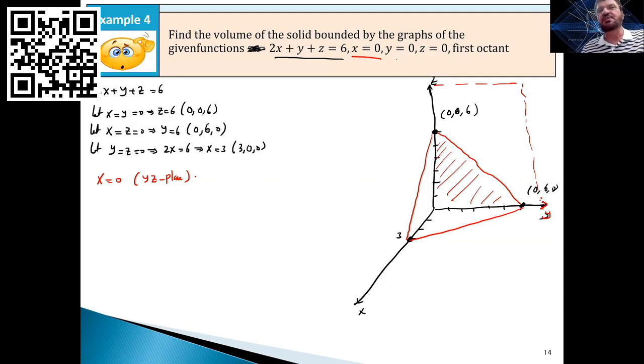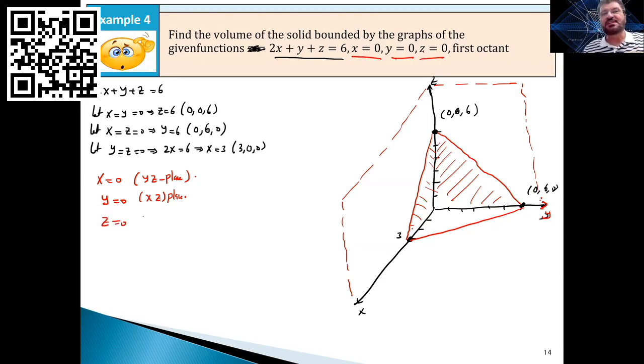The next one is y equal to 0. When I say y equal to 0, this is the XZ plane. Where is XZ? This is the XZ plane, by the way. See that? So this is going to come and cut it. So now I have this face. And finally, z equal to 0.